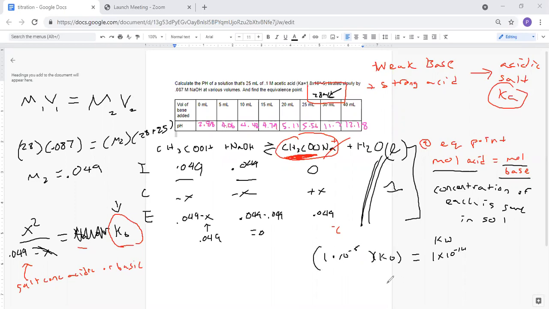Now, according to this, our Kb equals 1 times 10 to the negative 9. Okay. So here now we can put 1 times 10 to the negative 9.